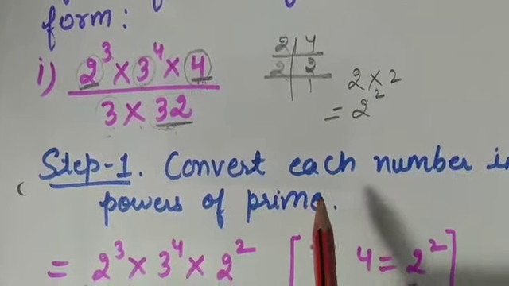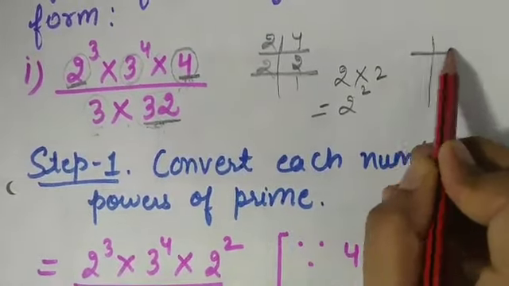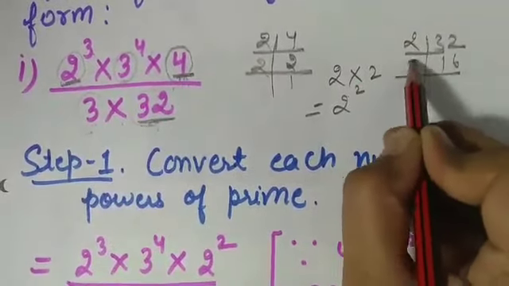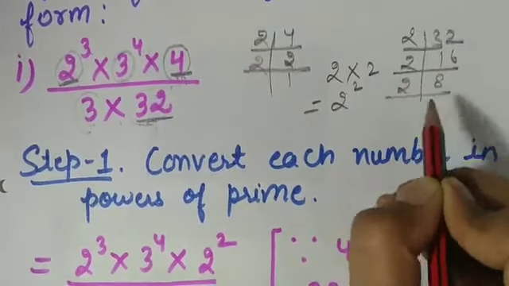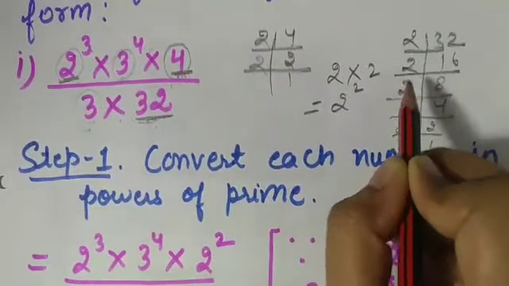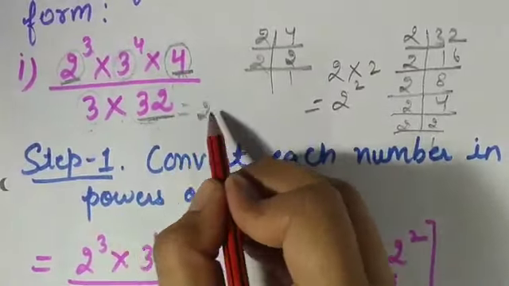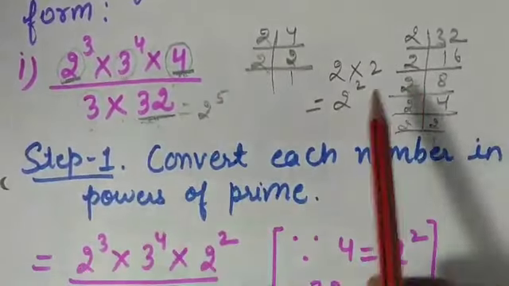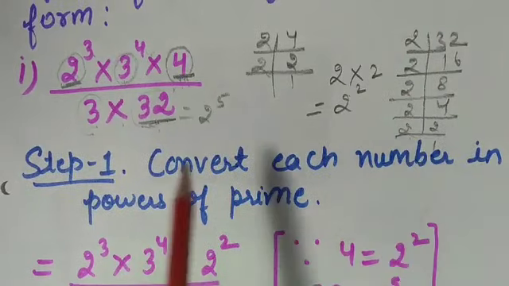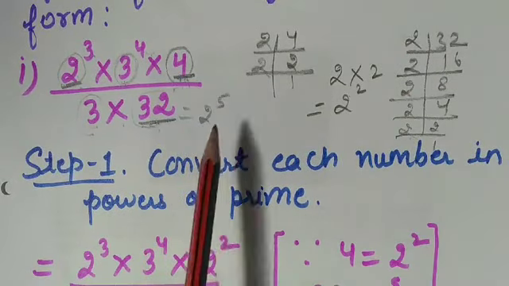So prime factorization of 32 will be, it gets divided by 2, it will be 16, 2, then 8, 2, 4, 2, 2, 2, 1. So it can be written as 2 raised to the power 5. Okay, because here we are getting 1, 2, 3, 4, 5. So 32 can be written as 2 raised to the power 5.